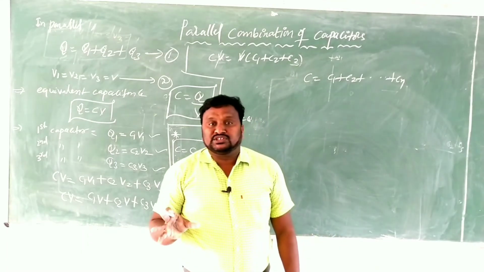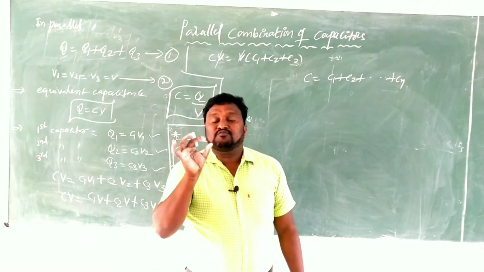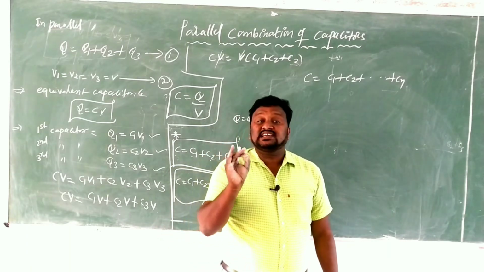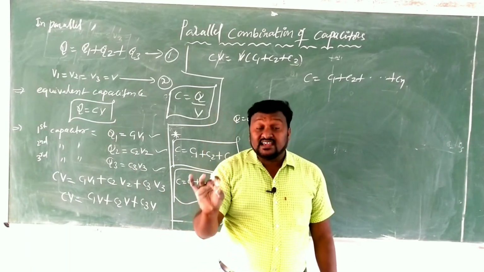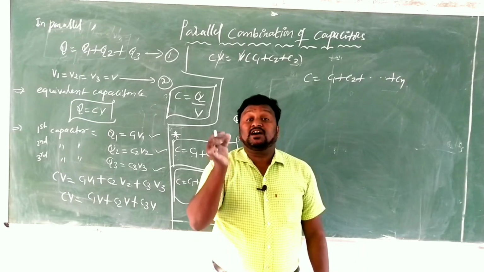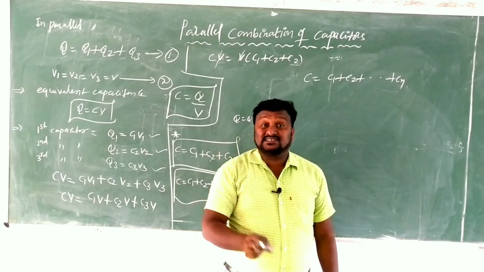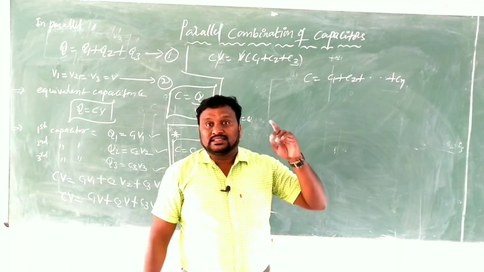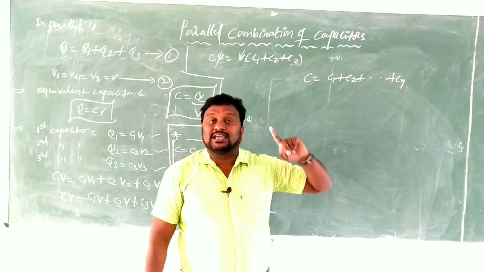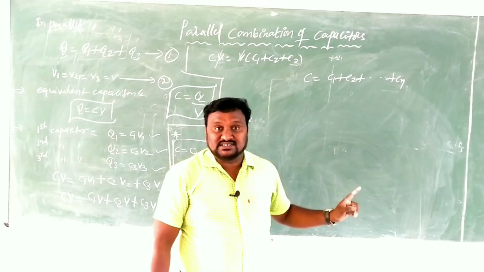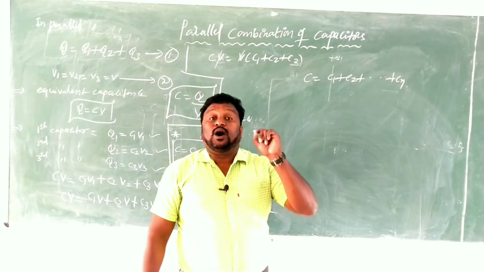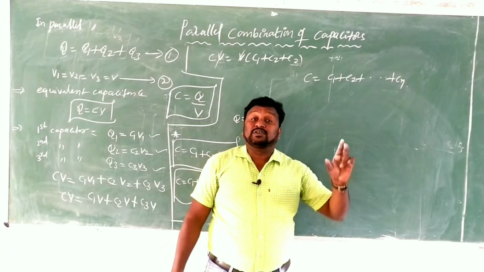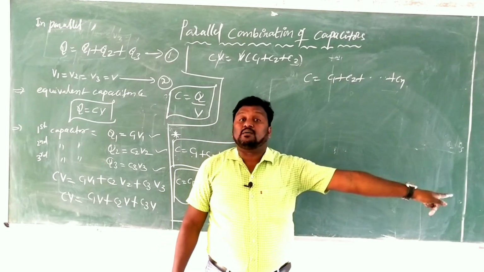In parallel combination, the effective capacitance is always higher than the highest value of capacitance of a capacitor in that combination. Clear? The equivalent capacitance of parallel combination capacitors is always greater than the highest value of capacitance of a capacitor in that particular combination.